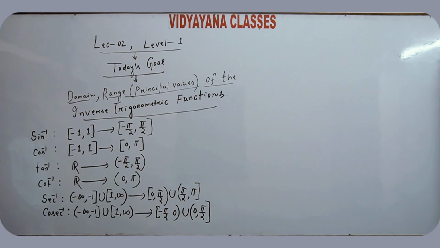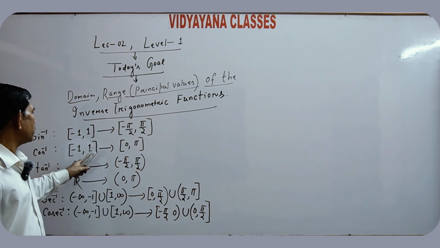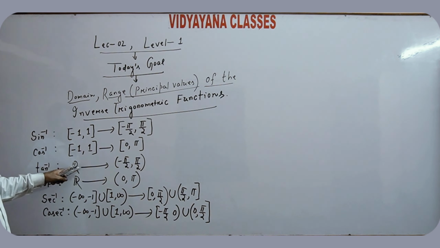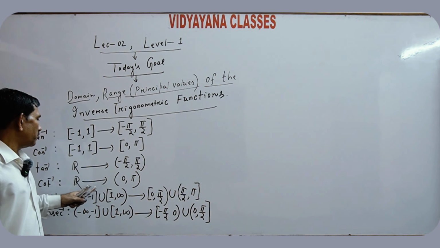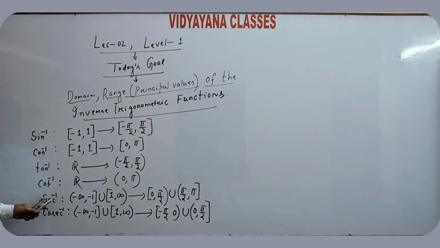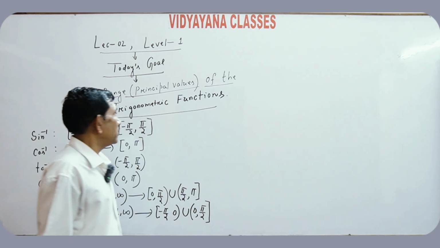In the first lecture, we discussed sin inverse, cos inverse, tan inverse, cot inverse, sec inverse, cosec inverse. Sin inverse is defined from this set to this set, cos inverse is defined from this set to this set, tan inverse is defined from the set of real numbers to this set, and cot inverse is defined from the set of real numbers to open bracket 0 pi open bracket, and the sec inverse is defined from this set to this set, and the cosec inverse is defined from this set to this set.